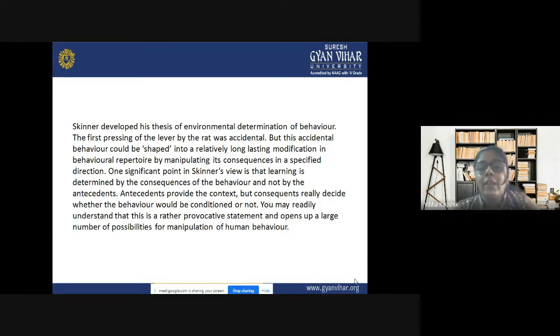If we get the reinforcement, then learning will be better and permanent, and not determined by the antecedents. Antecedents provide the context, but consequences really decide whether the behavior would be conditioned or not. You may readily understand that this is a rather proactive statement and opens up a large number of possibilities for manipulations of human behavior.